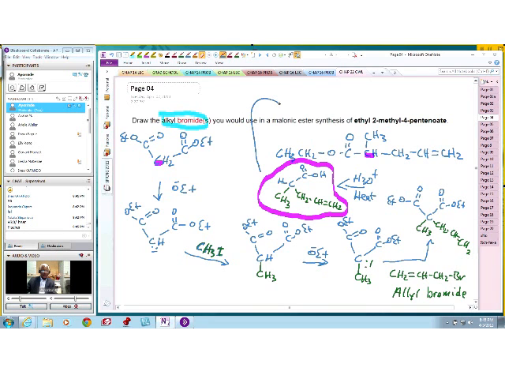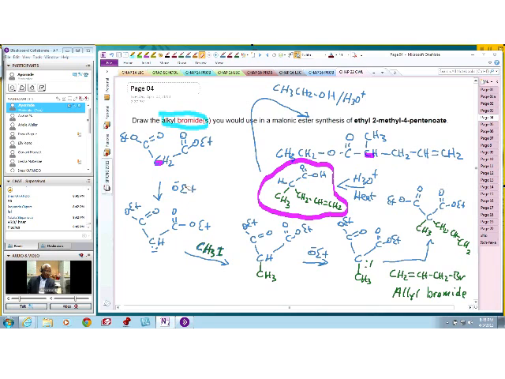So at this point, we will take this and react it with ethyl alcohol, because they want us to make an ethyl ester, in the presence of acid. And therefore, what have we done? We have finally got to this product right here.